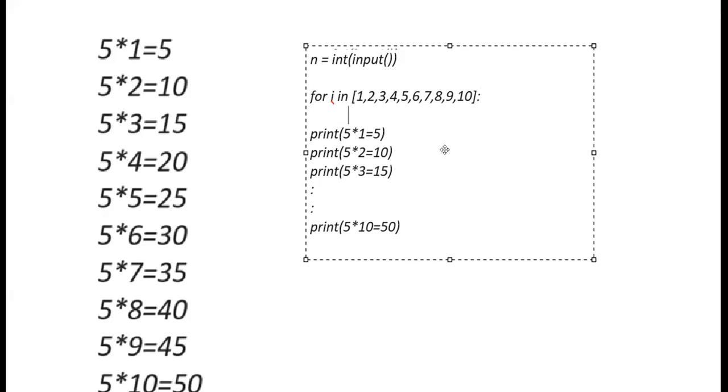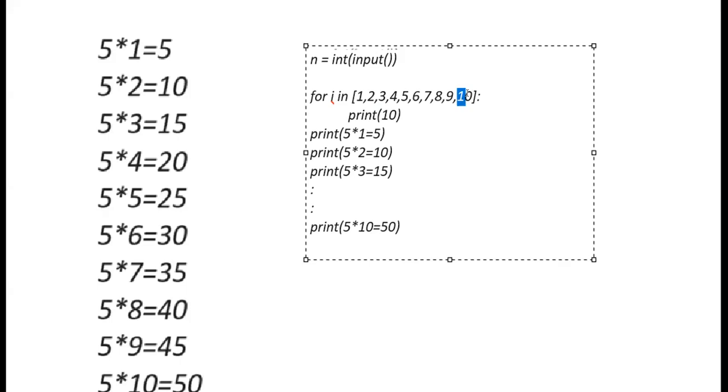And if I say print 10, then this 10 will be printed 10 times. First time it iterates, 1 is saved in i and then 10 is printed. Second time 2 is saved in i and then 10 is printed. In a similar way 3 is saved and 10 is printed again. 4 is saved in i, 10 is printed again.